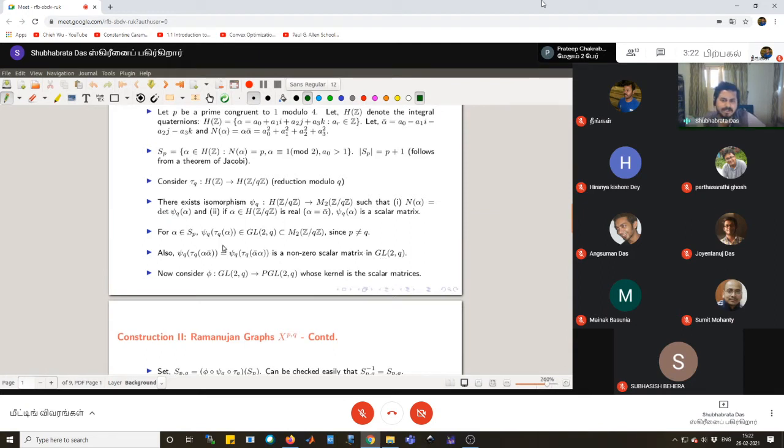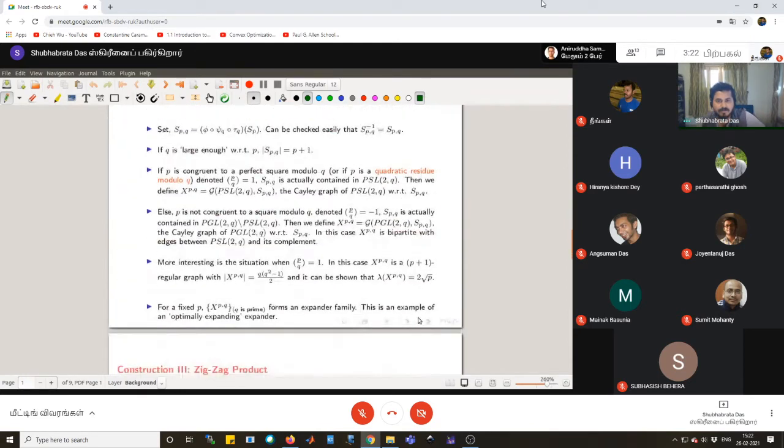So we will eventually get rid of these things and take a quotient by the scalar matrices, so that we don't have two things mapping to the same scalar element in GL2Q. So we go down to PGL2Q.